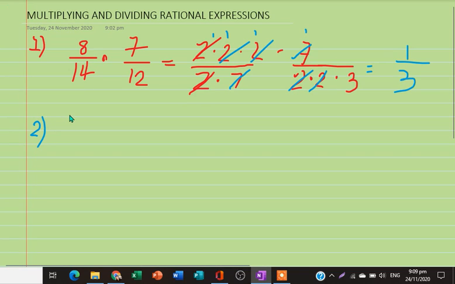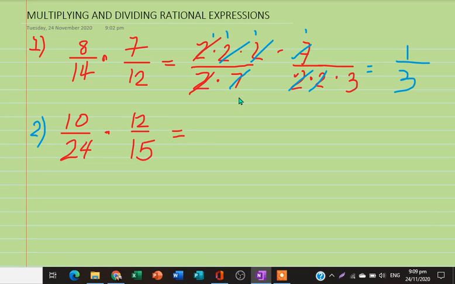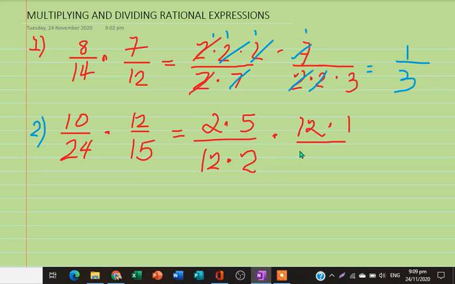If we have 10 over 24 times 12 over 15. So, using prime factorization, we have here 10, 2 times 5 over 24 is 12 times 2, times 12 is 12 times 1 over 15 is 3 times 5.